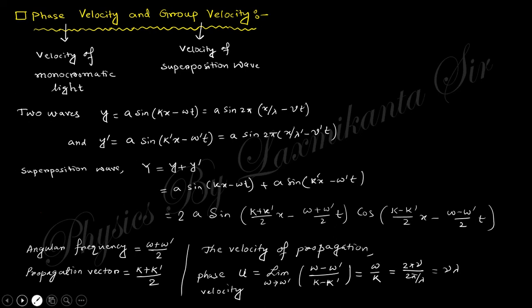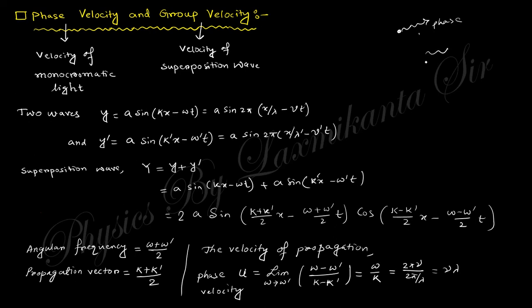Now comes the phase velocity and group velocity. What will be the phase velocity and group velocity? Phase velocity: suppose there is a particle associated wave, and this wave is a single wave; the velocity of that single wave is the phase velocity.